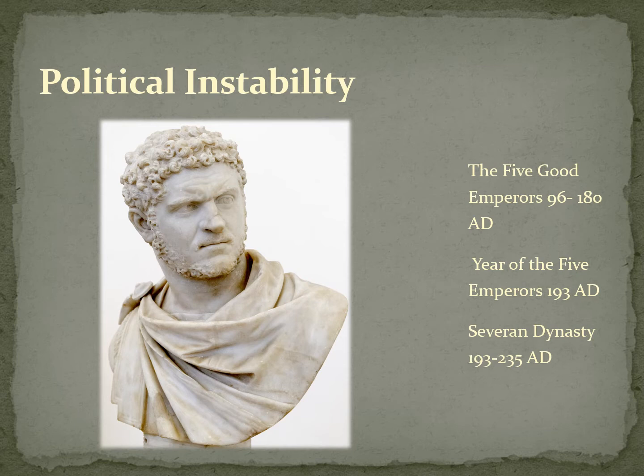Okay? You had senators who wanted to declare members of the Senate as the next emperor. You had assassinations. You had rival generals going at each other's throats. And in many ways, this scenario was going to be played out time and time again in the 3rd century.